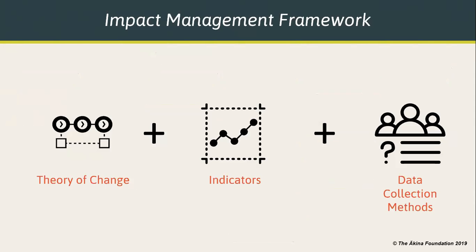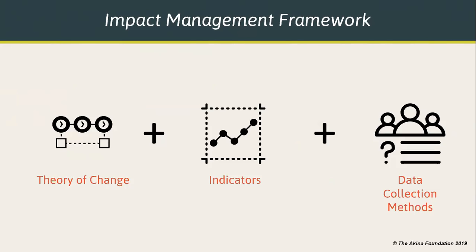So now we're moving on to using that framework, that theory of change, as the base to be able to measure what you're doing. So the theory of change combined with indicators and some data collection methods puts you in a position where you can measure your impact.